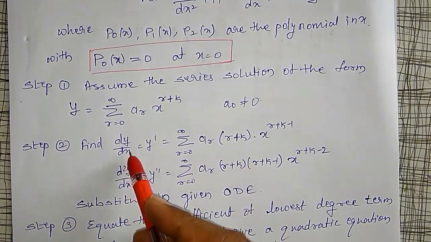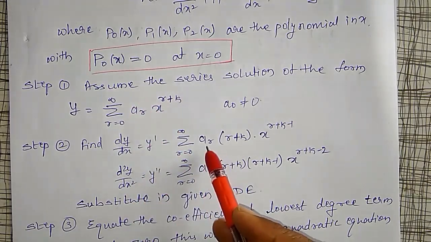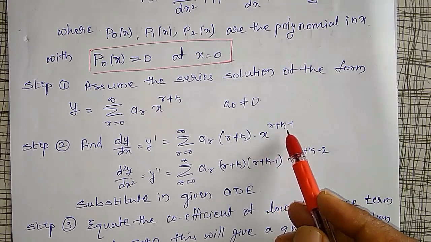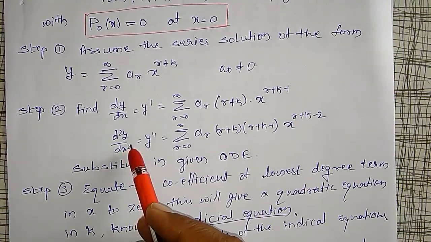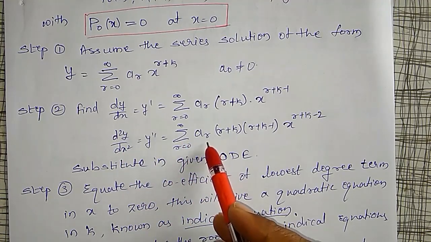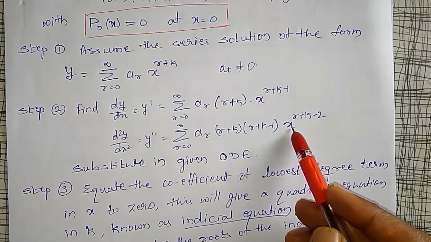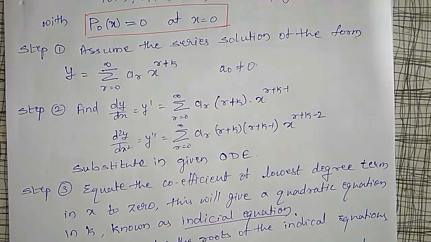Then find dy by dx, that is y dash, equal to summation ar (r plus k) x to the power r plus k minus 1, whereas d square y by dx square, y double dash, is summation r equal to 0 to infinity ar (r plus k)(r plus k minus 1) x to the power r plus k minus 2.